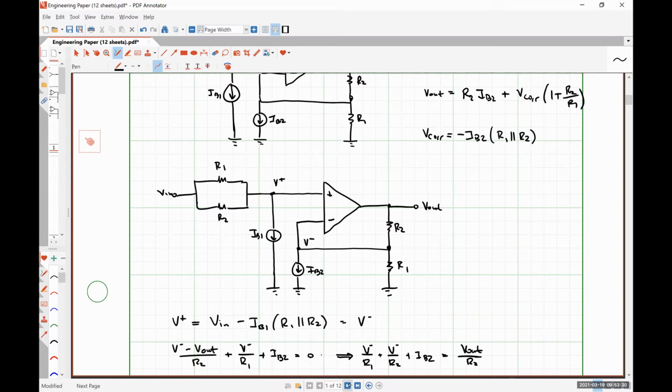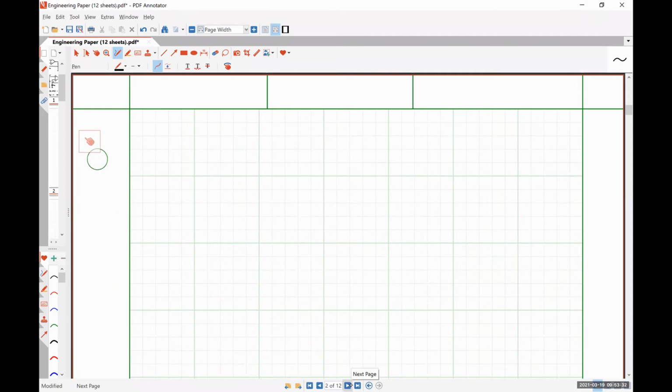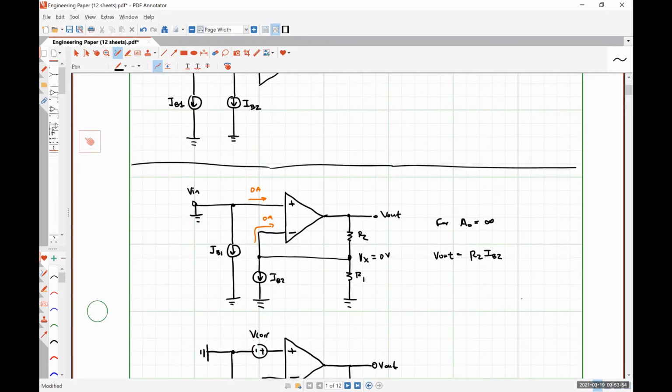I'm going to jump ahead to the next page. So this is just me doing algebra. So V minus times 1 over R2 plus 1 over R1 is the same as R1 plus R2 over R1 times R2. So let me just go back real quick so you can see what I'm talking about.